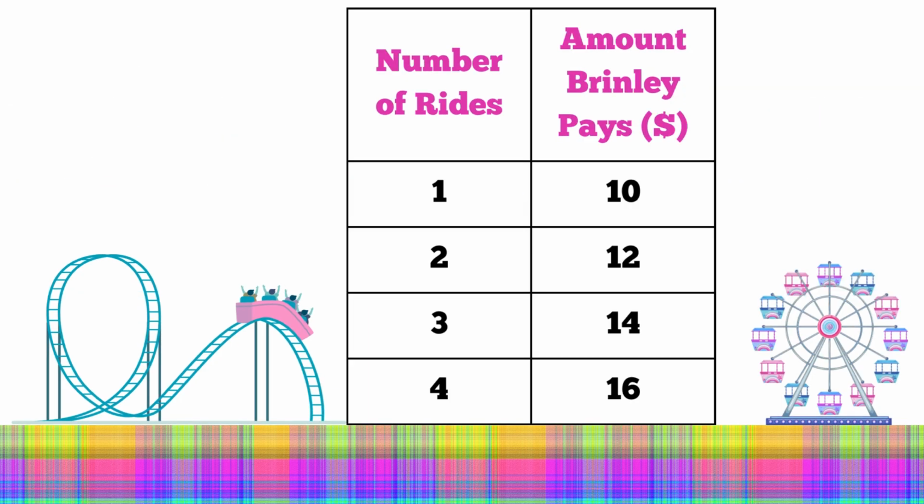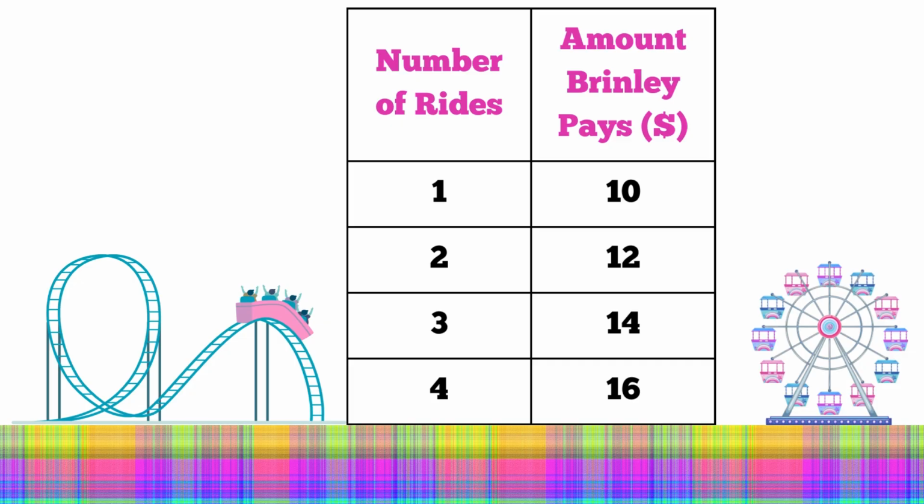All right, let's check your table. The table needs to have 2 columns. The first one, titled Number of Rides, is your input column. The numbers in that column should be 1, 2, 3, and 4. The other column, which is the output column, should have the title, The Amount Brinley Pays.